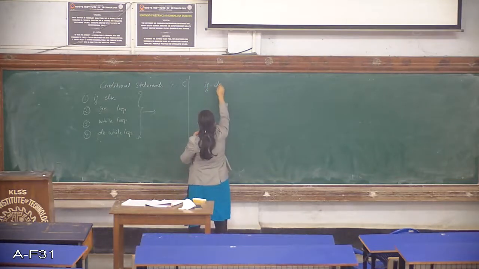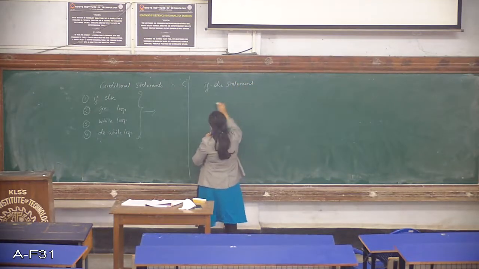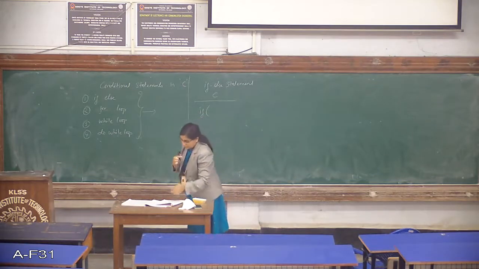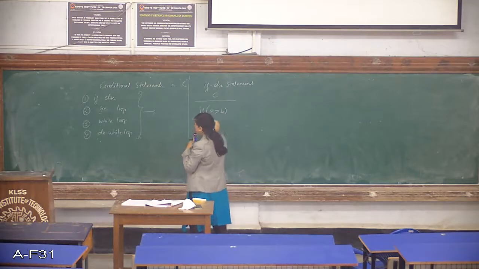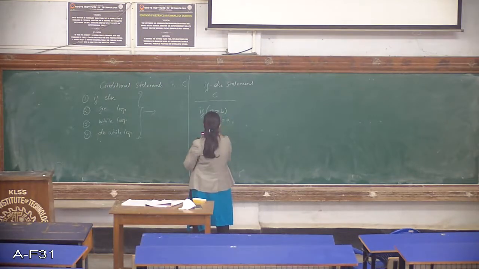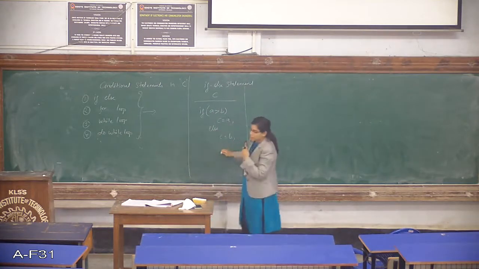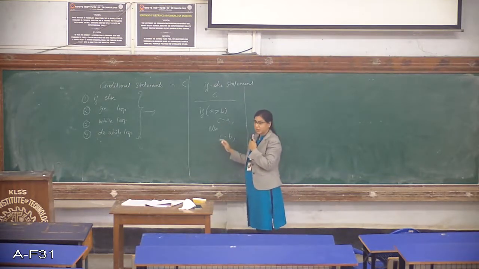If A is greater than B, C is equal to A, else C is equal to B. So this is a C fragment of code which is given in a C program.